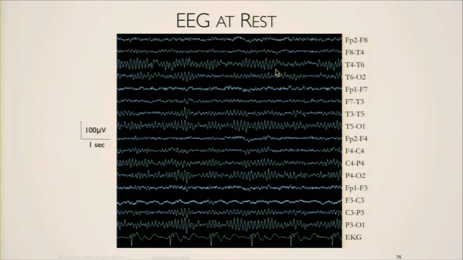What's that called? Hertz. Oh, hertz. Yeah, times per second. Okay, I'm sorry. What are these oscillations called? Alpha, yeah, alpha. Alpha is this crazy prominent thing that in brains of all mammals, you stick an electrode on their head and you start seeing these spontaneous oscillations of currently unknown function.